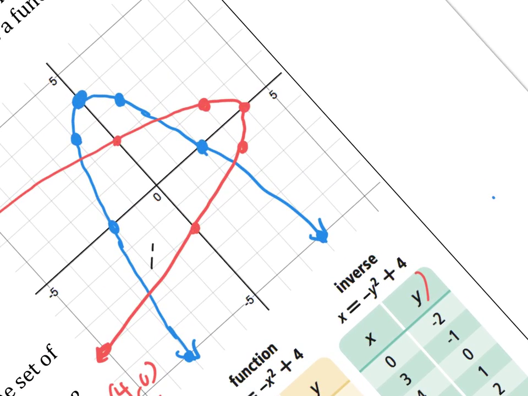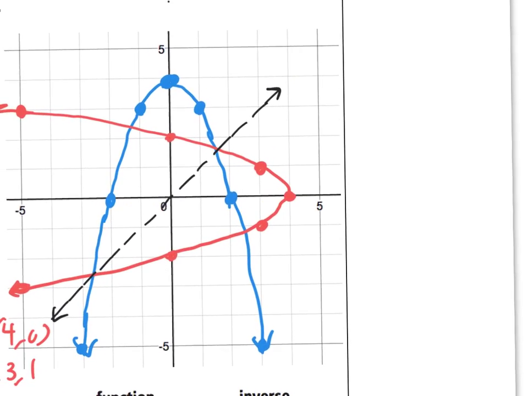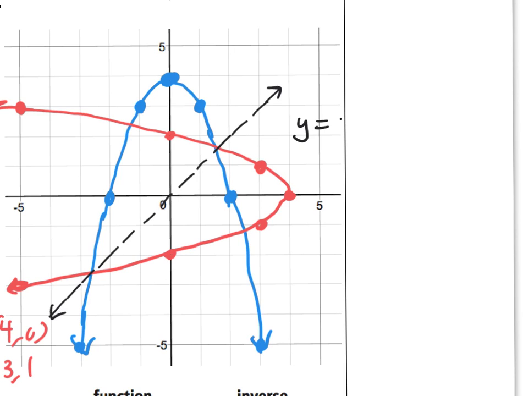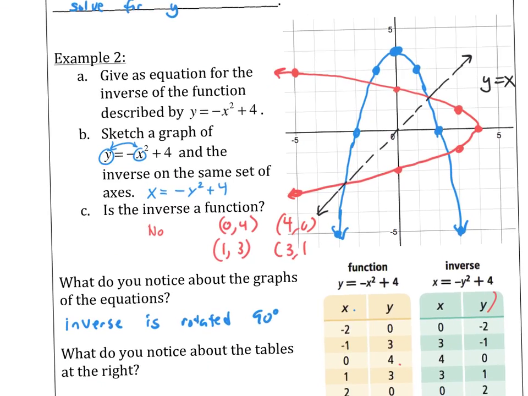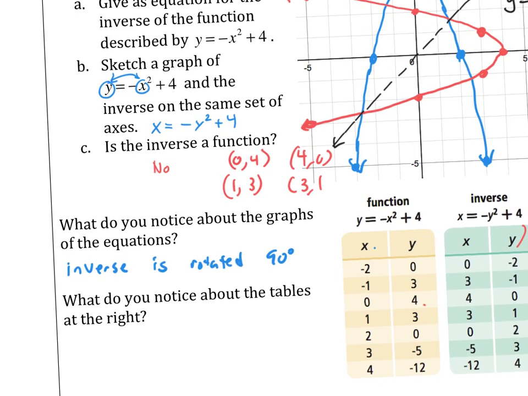But if you were to graph this line right here, which is called the y equals x, so that's the parent function for linear, what do you notice? Well, this point here is reflected exactly across that line. So not only is the inverse rotated 90 degrees in this particular case, the inverse is reflected over the y equals x.